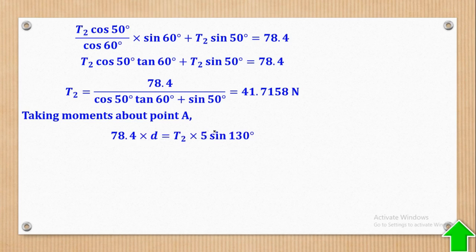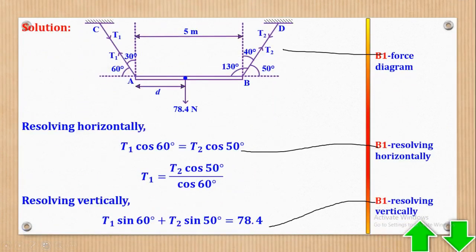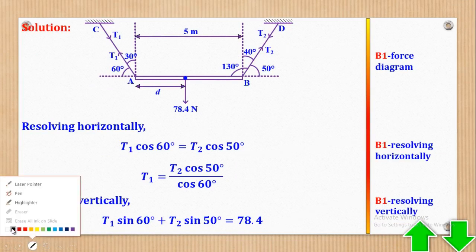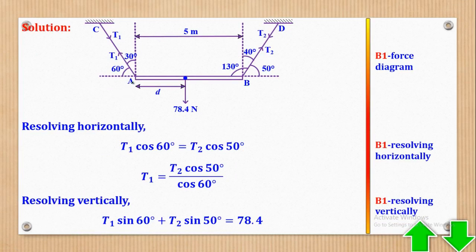So let's see how this comes about. So remember, in the previous video we saw that the formula for taking moments is F D sine theta, where D is the distance from the pivot to the point where the force starts from, and theta is the angle between the rod and the force, and F is the force.